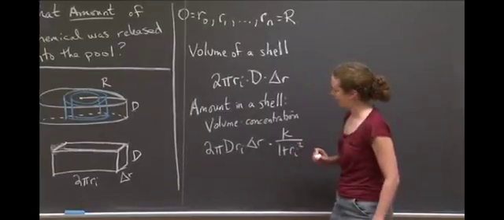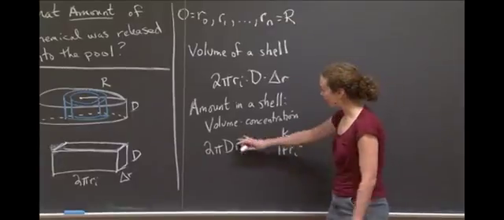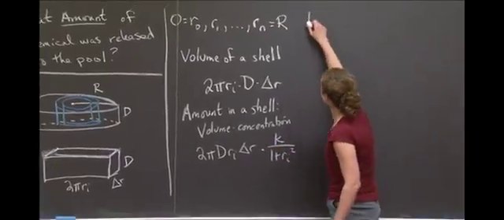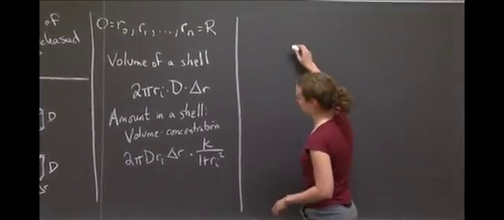squared. And now what do I do to estimate the amount in the entire pool? Well, I add all of these up. So let me come over here and write down what the sum will look like.